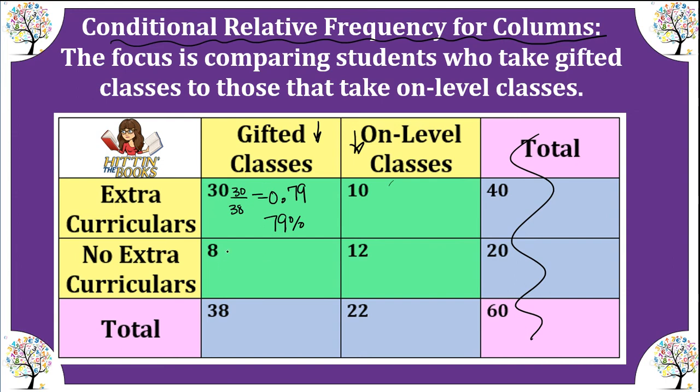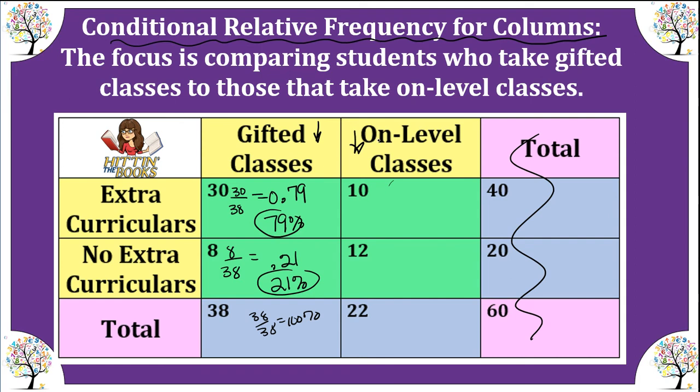Okay, so then we have 8 out of the 38. So of 38 folks that are in gifted classes, 8 have no extracurricular activities. And that's about 0.21, which is 21%. And then here we have our 100%. So see, our 21% and our 79% add up to 100% of the people that have gifted classes.